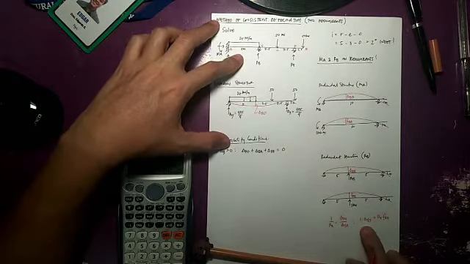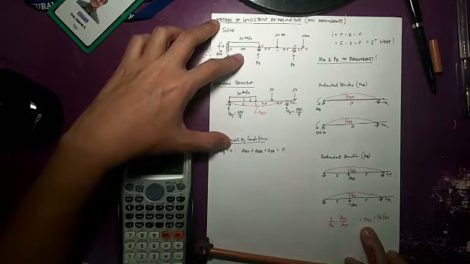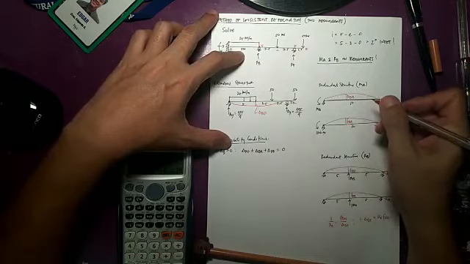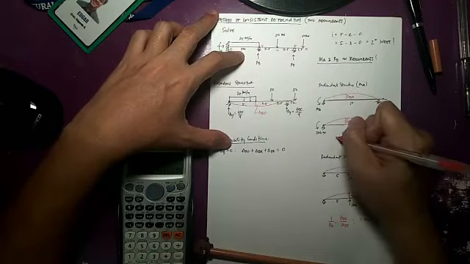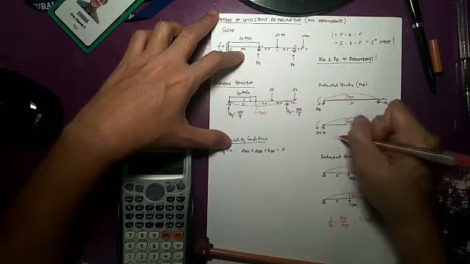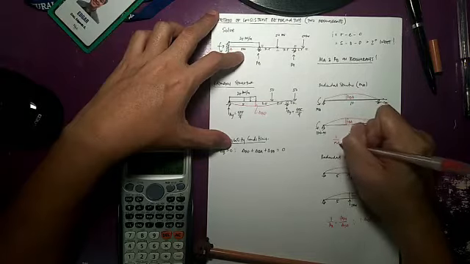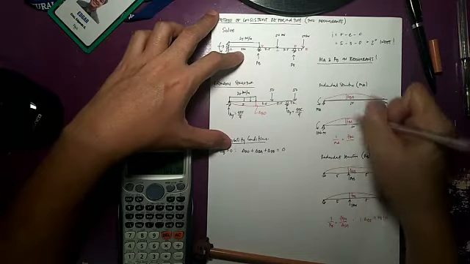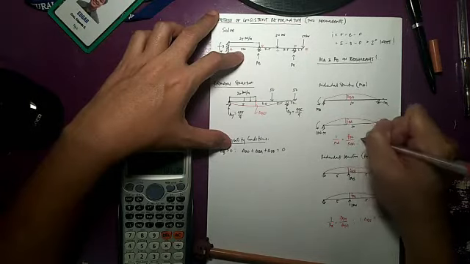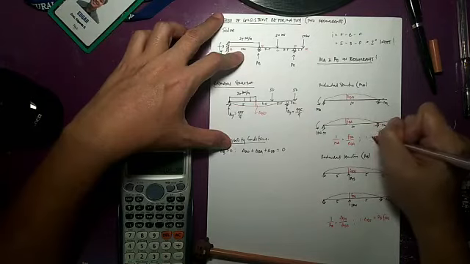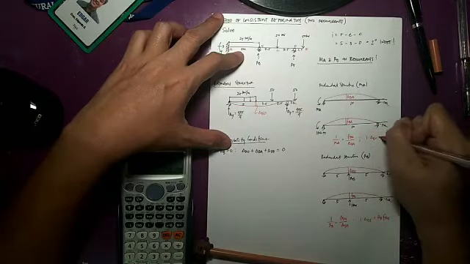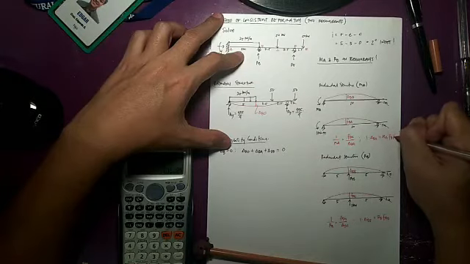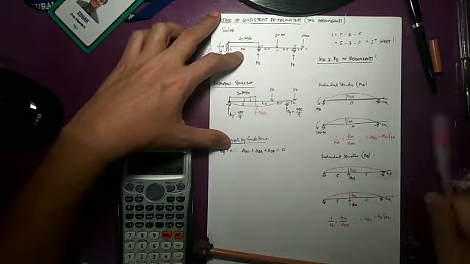So that's delta BB. For this one, 1 kilonewton meter is to MA as FBA is to delta BA. So 1 times delta BA, by cross multiplication, is equal to MA times FBA.